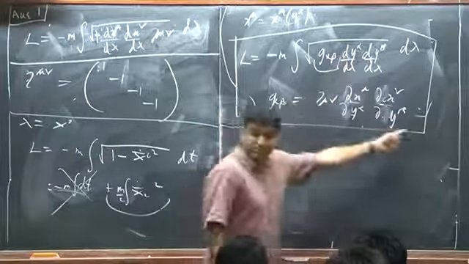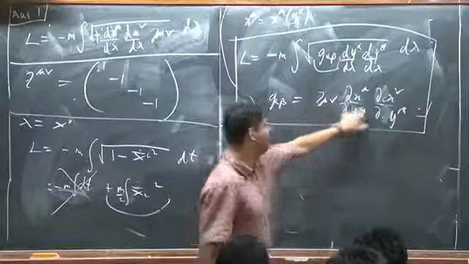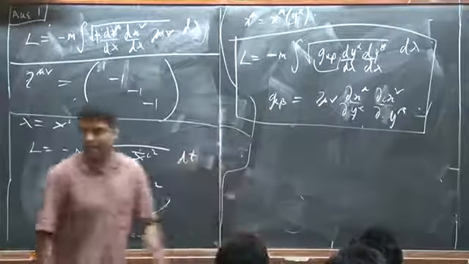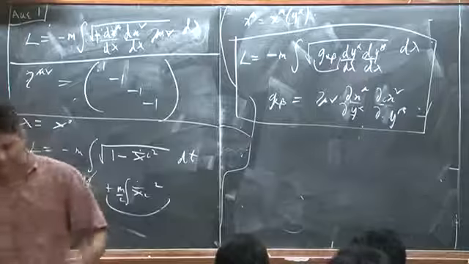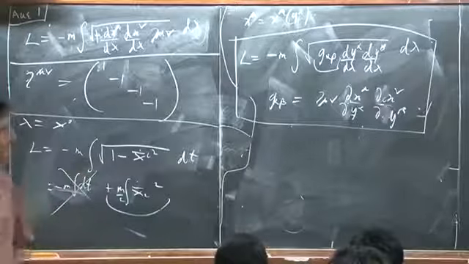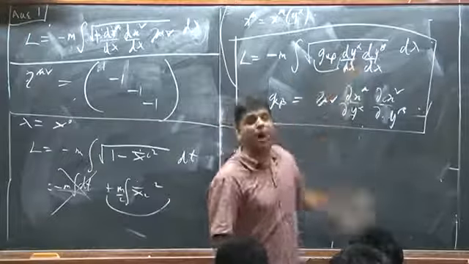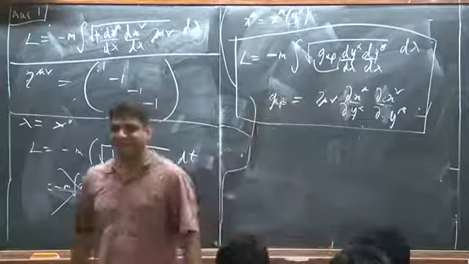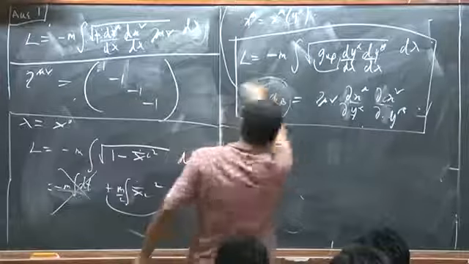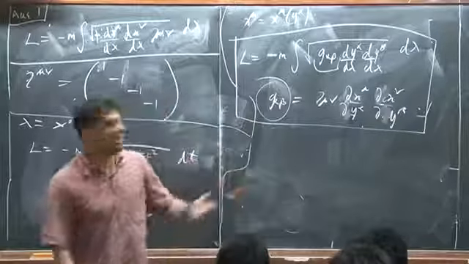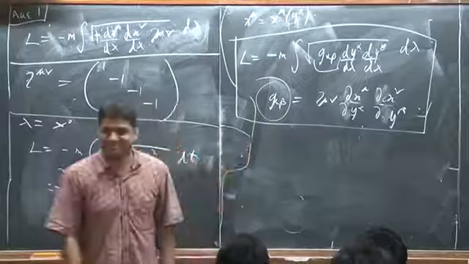But it's also symmetric from the definition. And you might wonder, by choosing y alphas in an arbitrary way, can I generate all possible symmetric g alpha betas?